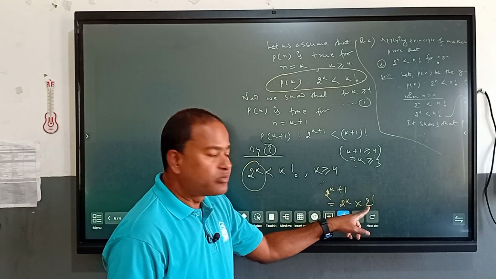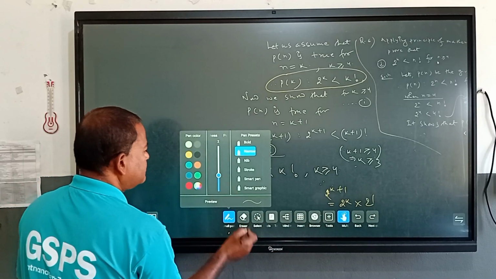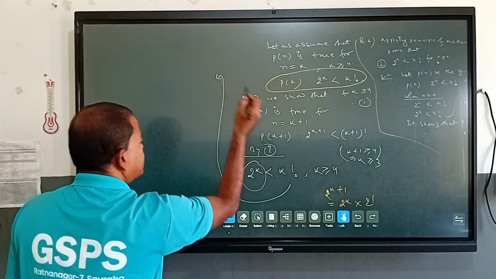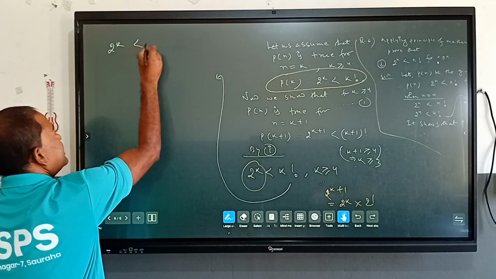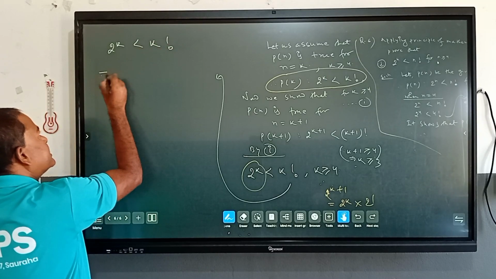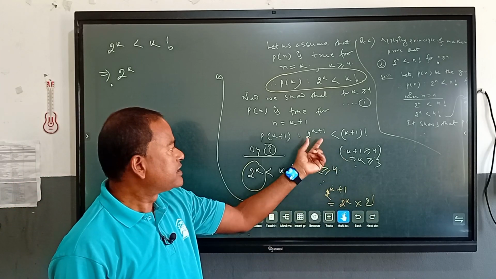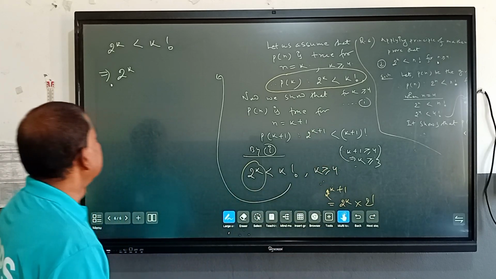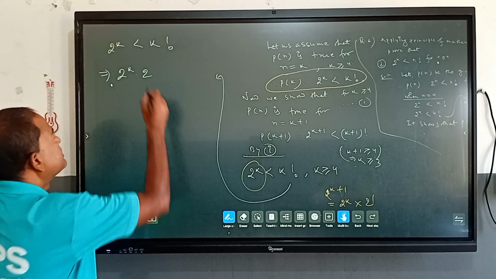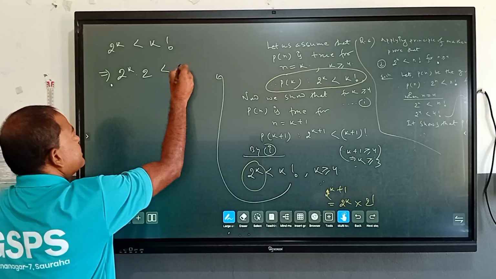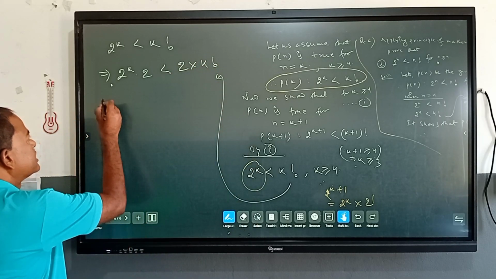So dear students, we need to multiply by 2 on both sides. So let's copy this expression this side now. 2 power k we have less than k factorial. This implies, let's multiply by 2 on both sides. If you multiply by 2 on both sides of this expression, then 2 power k into 2 is less than 2 times k factorial.